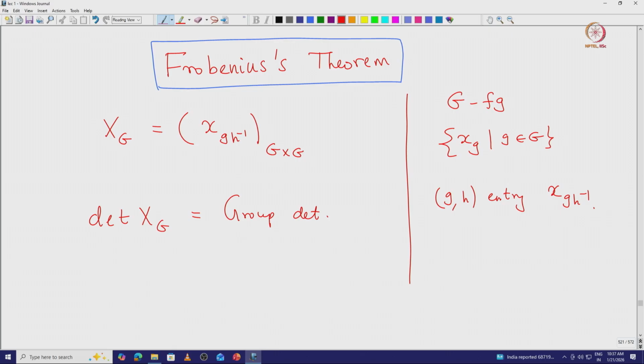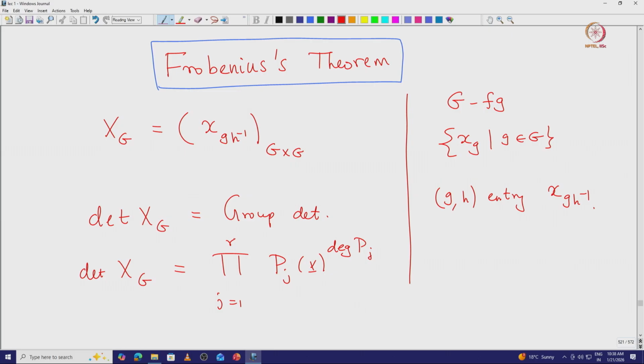The group determinant of X_G can be written as a product of r factors, where the powers of these factors also appear. It is the product of p_j(x bar) to the power of the degree of p_j, where j runs from 1 to r.